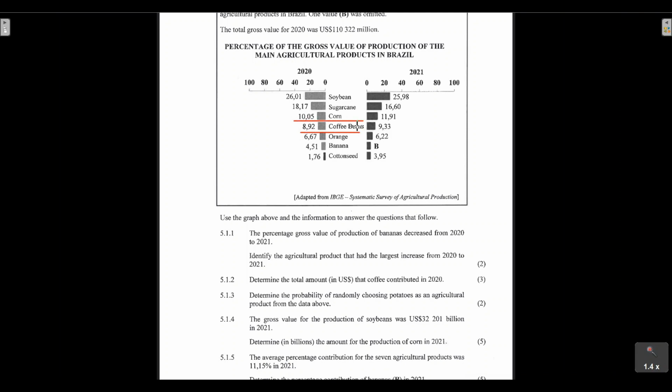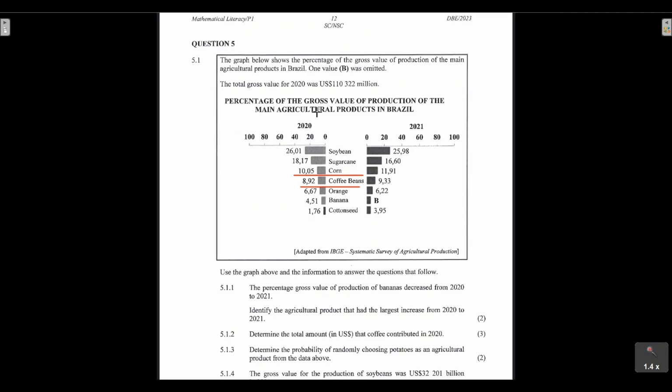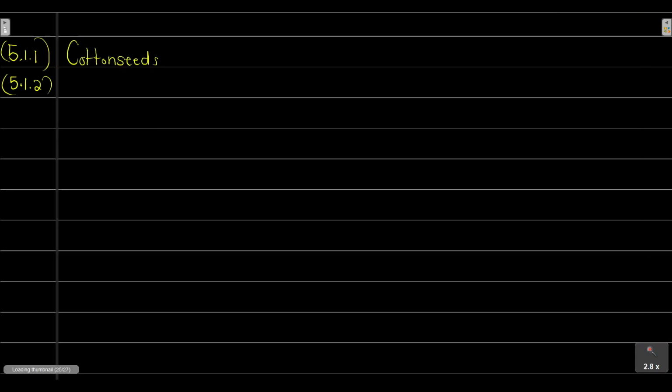And we see that the coffee contributed 8.92% of the total of 110,322 million. So let's basically write that down. We already know that the total value for 2020 is equal to 110,322 million.